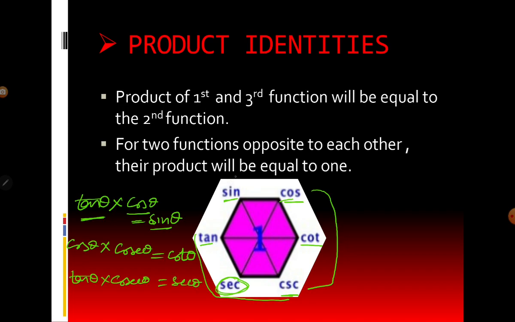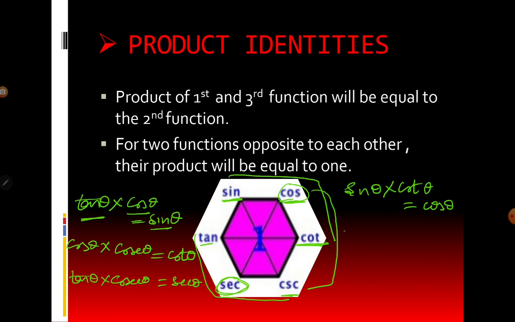Okay, if I take these three, again my first term is sin theta, sin multiplied by my third term, cot, that is cotangent also, which is equal to my middle term, that is cos theta. So what is the pattern? First function into third function will get the middle term. Any formula you can get.